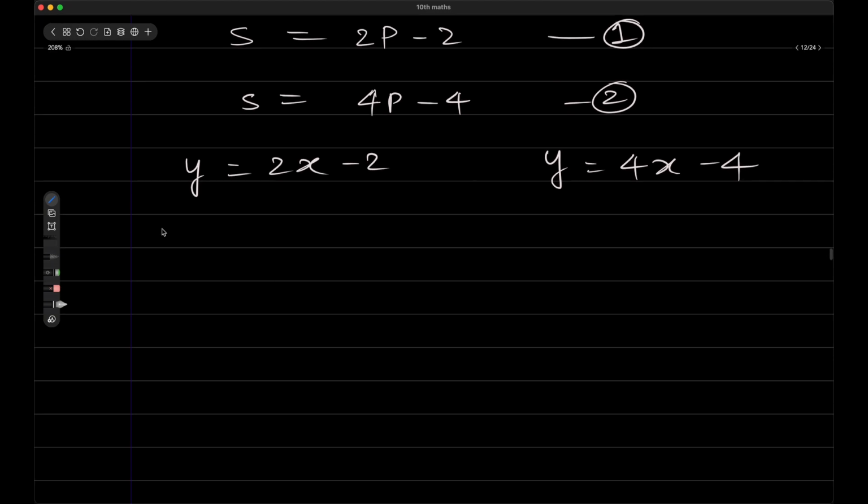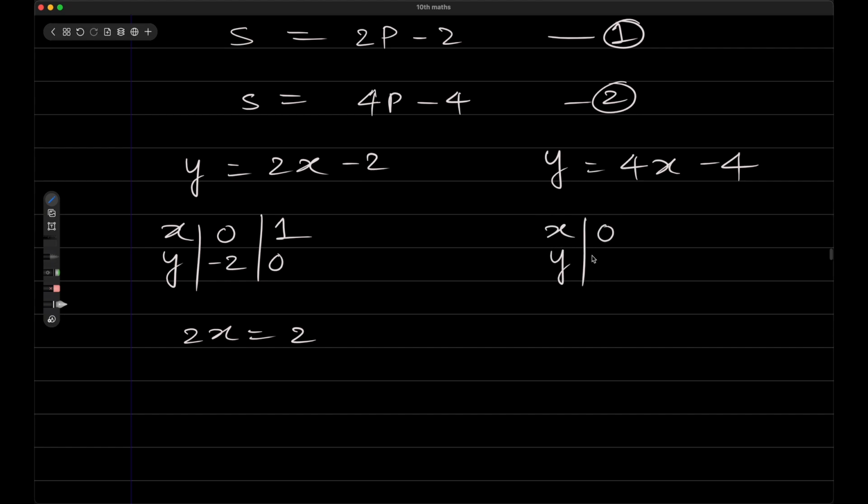To make a line we need at least 2 points. So first put x equals 0, we will get y equals minus 2, and if we put y equals 0, we will get 2x equals 2, x equals 1. For the second line, if we put x equals 0, we will get y equals minus 4, and if we put y equals 0, we will get 4x equals 4, x equals 1.